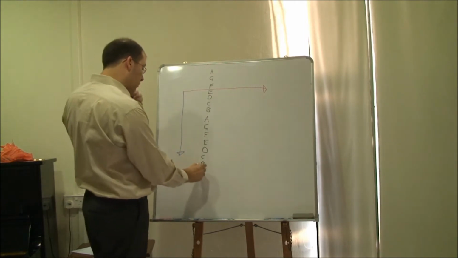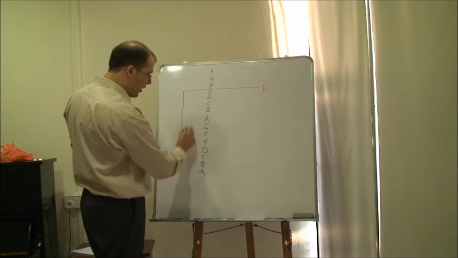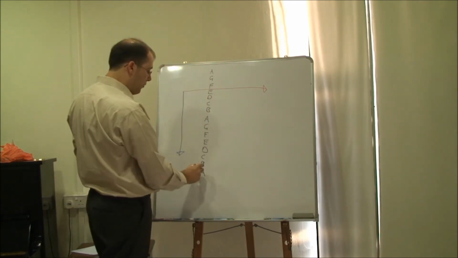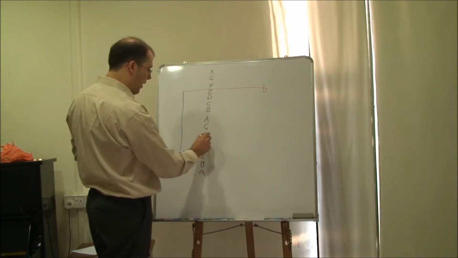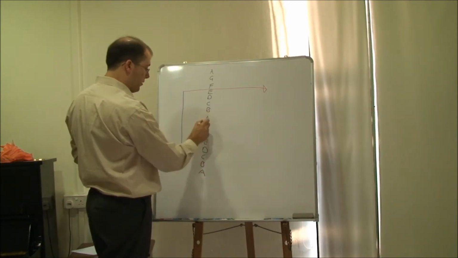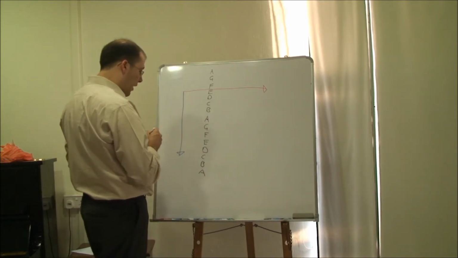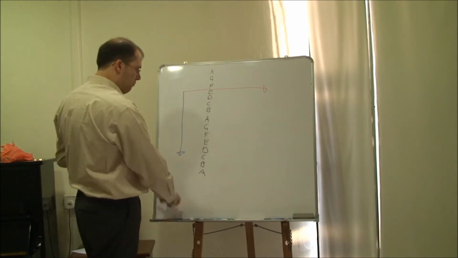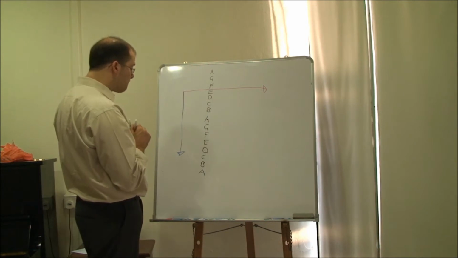Each time we start the name sequence again, we start a new octave. So if we count 1, 2, 3, 4, 5, 6, 7, 8, the 8th note is the start of the new octave. Okay, so that's the basic principle of note names, and it's really quite straightforward when you look at it that way.